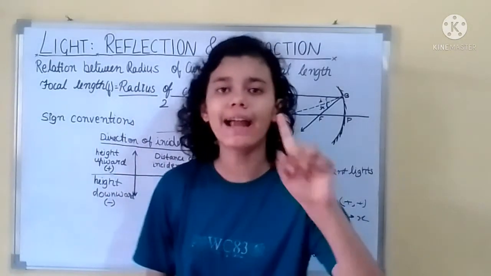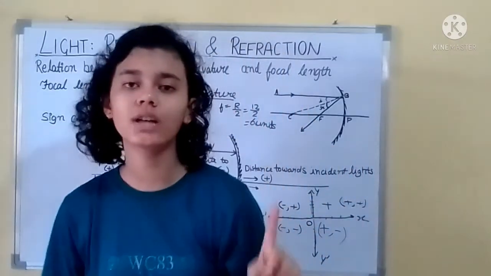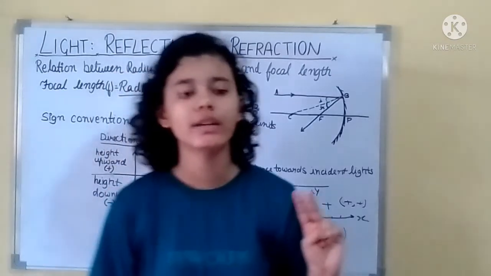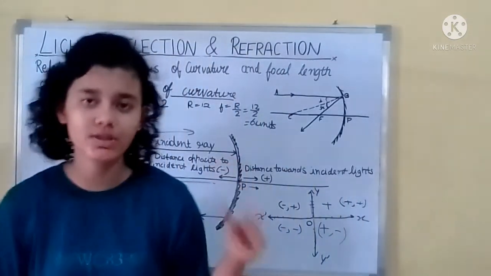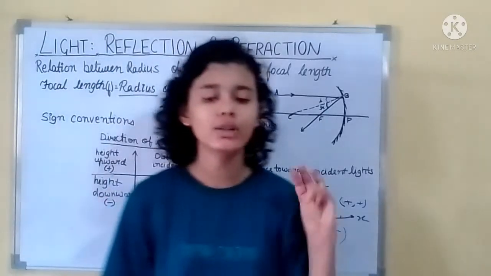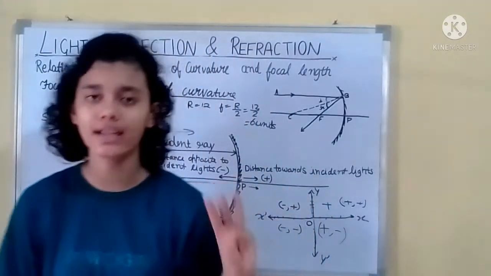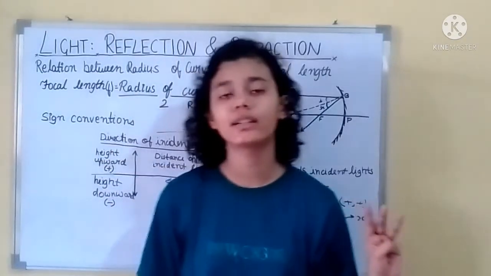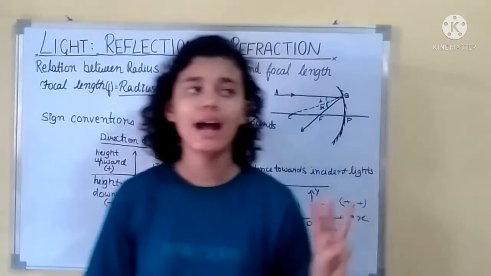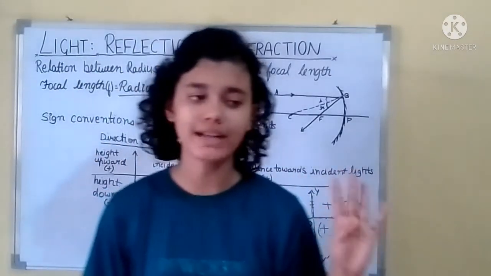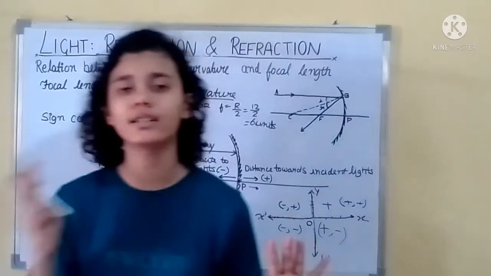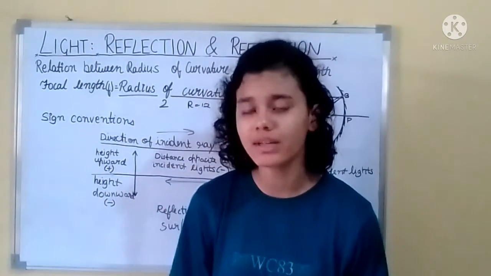So all the heights of the object, okay, are taken as positive. Height of the image depends on which type of image is formed, whether it is formed above principal axis or below principal axis. Then object distance we take as negative just because it is placed on the left side of the mirror, and the distance of the image also depends on which side it is forming, whether it is a real image or virtual image.